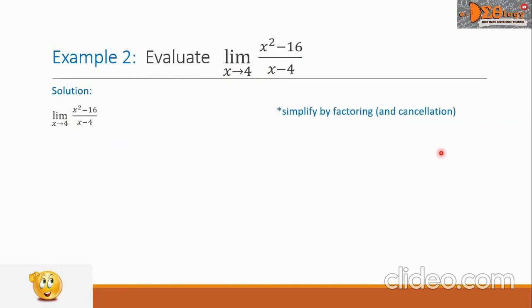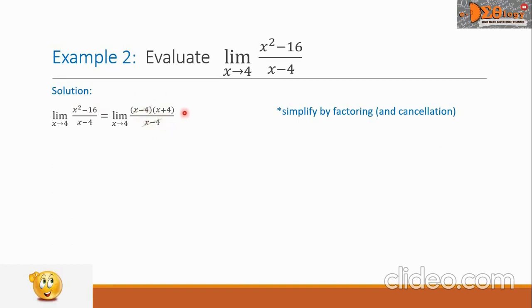So, we're going to simplify this again by factoring, and afterwards, we will look for possible cancellation. The x squared minus 16 can be factored out into x minus 4 times x plus 4. We can see now that the x minus 4 is common in the numerator and in the denominator, so we cancel that out.